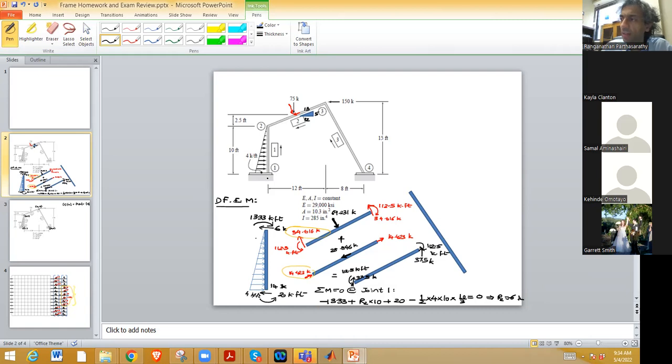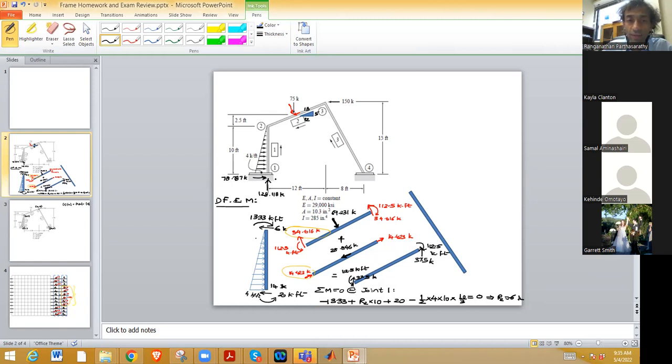Let's first write the forces. Horizontal is 78.787 here. Vertical is 128.118 here.